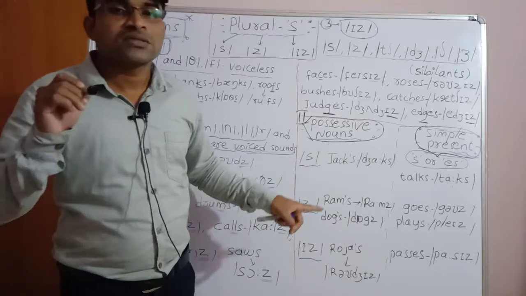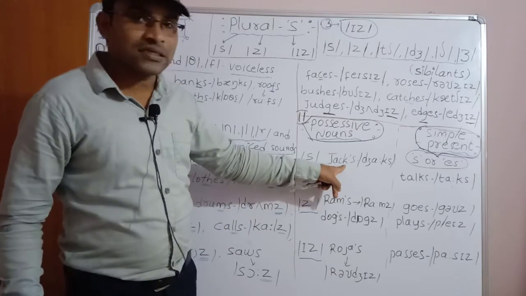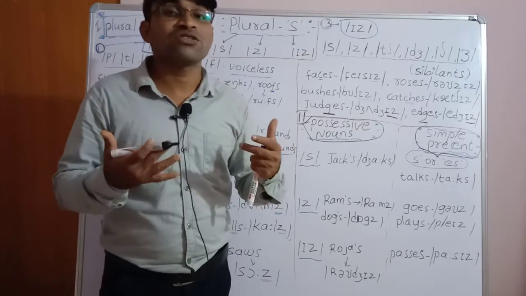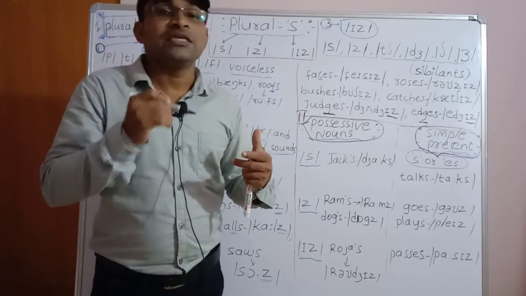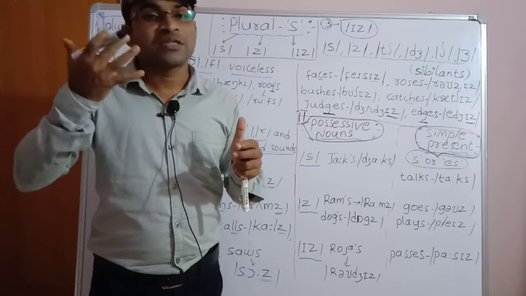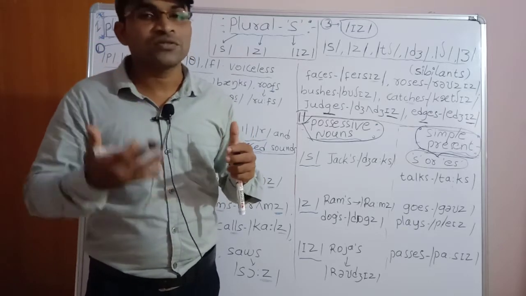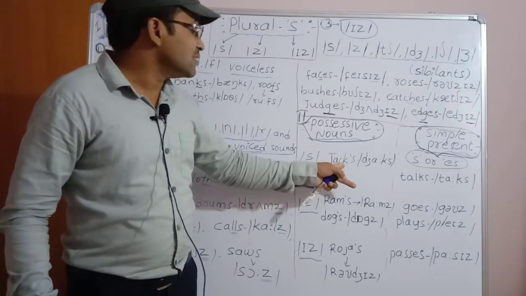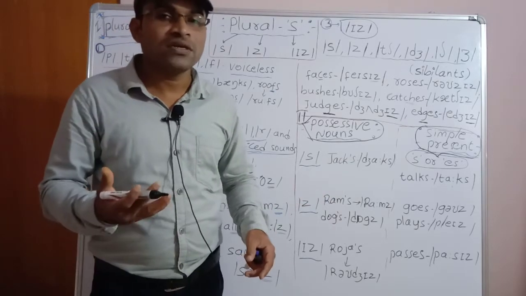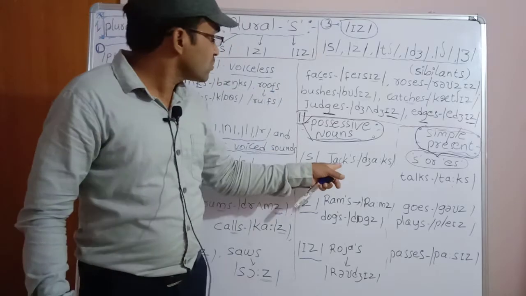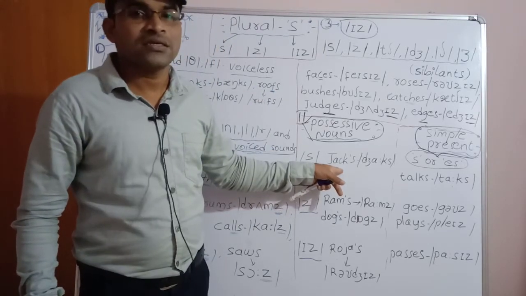First, sa: Jack apostrophe s, possessive nouns. Possessive means it shows something belongs to someone. Jack apostrophe s means something belongs to Jack.